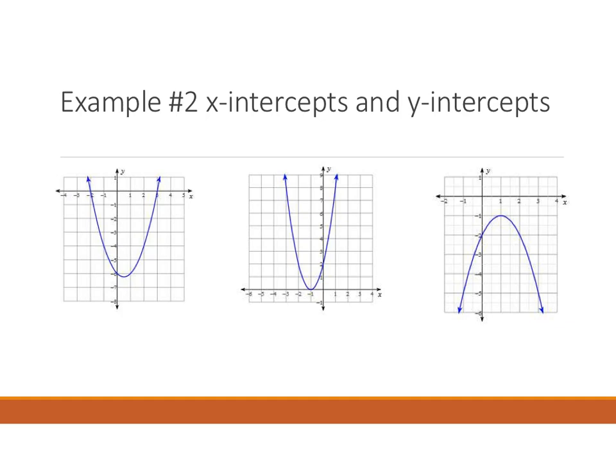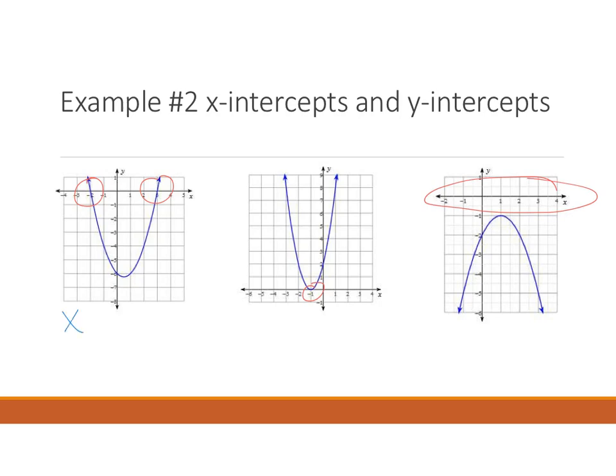Example 2, we're going to go over x and y intercepts. I have 3 examples here because you have 3 options for how many x-intercepts. You can have a parabola that crosses the x-axis twice, 1 time, or never crosses the x-axis. So always make sure that you're recording all options of x-intercepts.